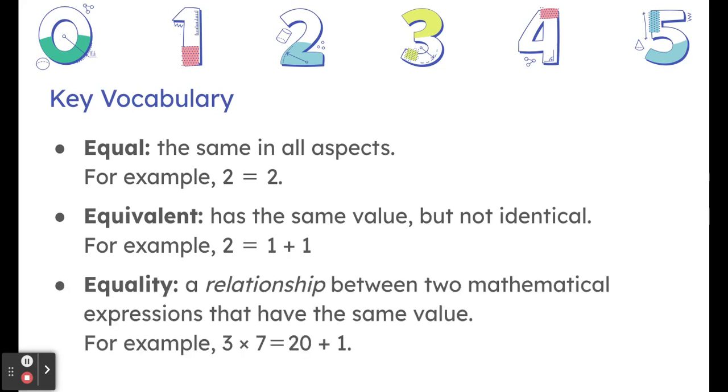And the word equality refers to the relationship between two quantities or expressions that have the same value. For example, 3 times 7 and 20 plus 1. The two expressions both represent the quantity 21, therefore they are equivalent, and their relationship to each other shows equality.